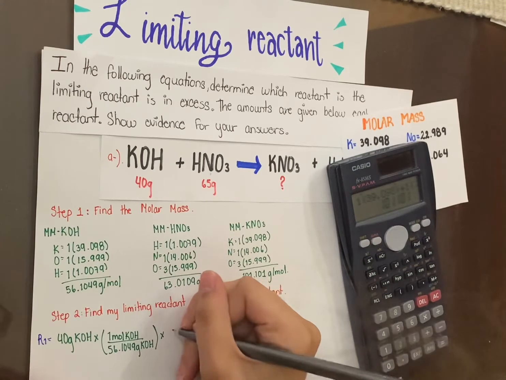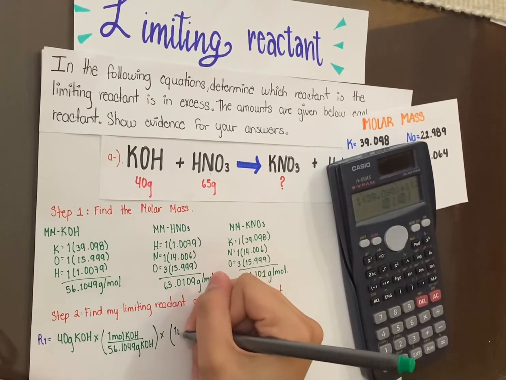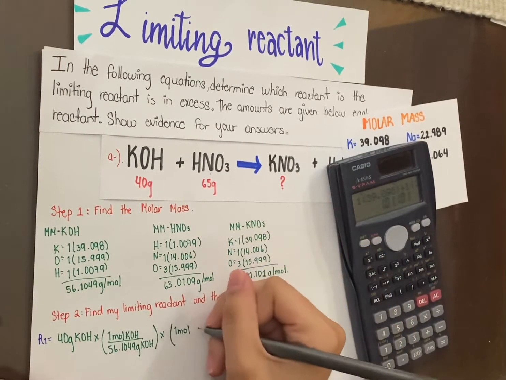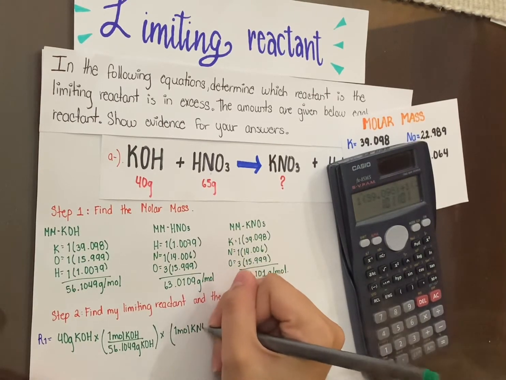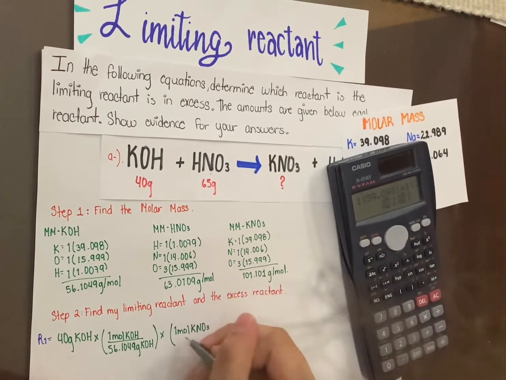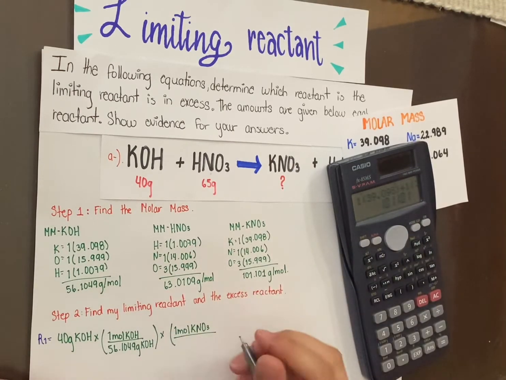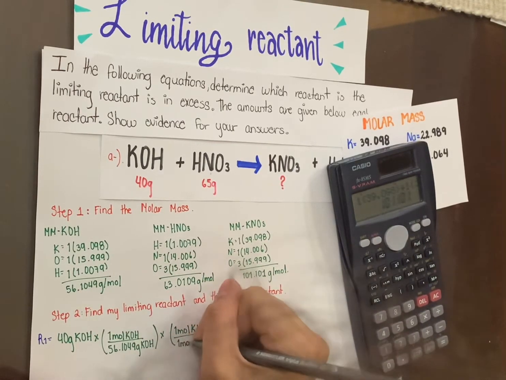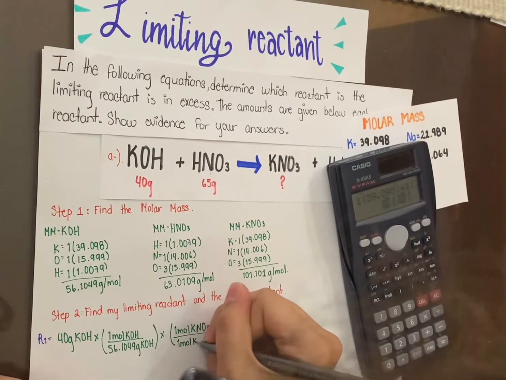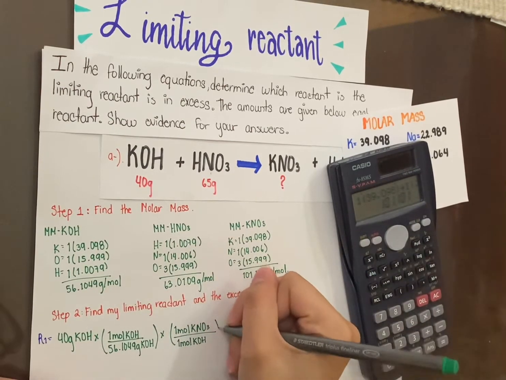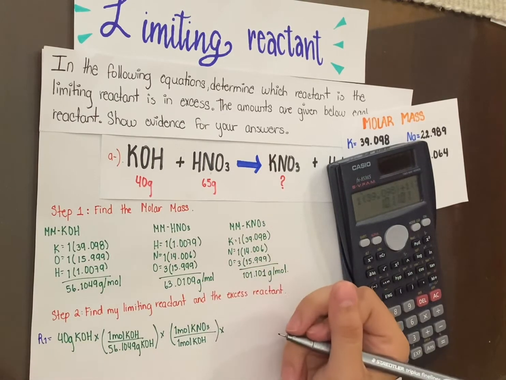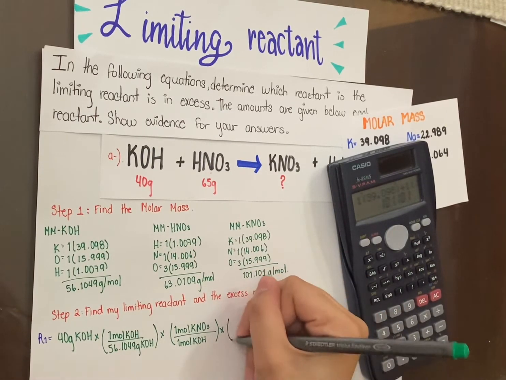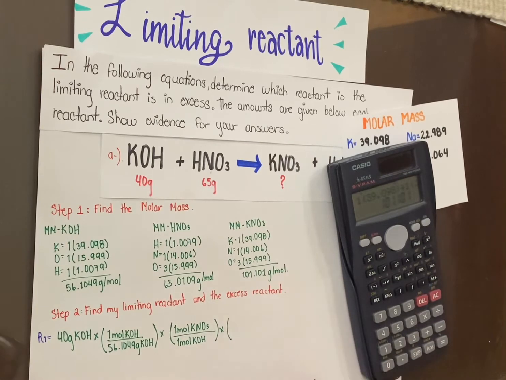So I will place 1 mole of potassium, nitrogen, and oxygen under the 1 mole of Co. Then we're going to place here the molar mass of the one that we want to take, like the one that we are finding.